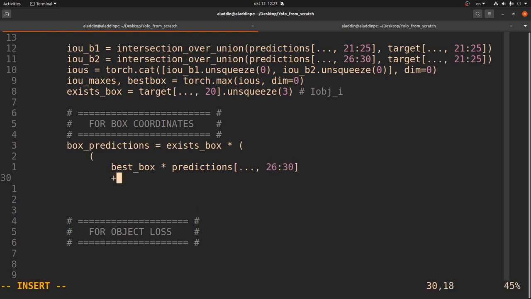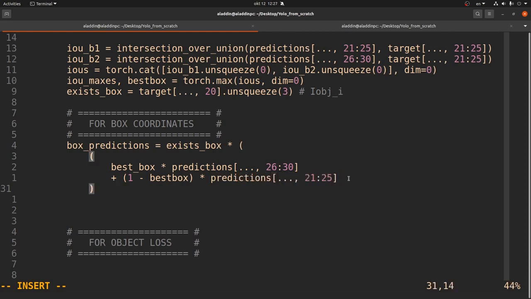But on the other hand, if the other one was best, we're going to do 1 minus best box and times that with the predictions of 21 to 25. Because remember, this is going to be 0 if the first bounding box was correct. So best box is 0 or 1, depending on which one was best.